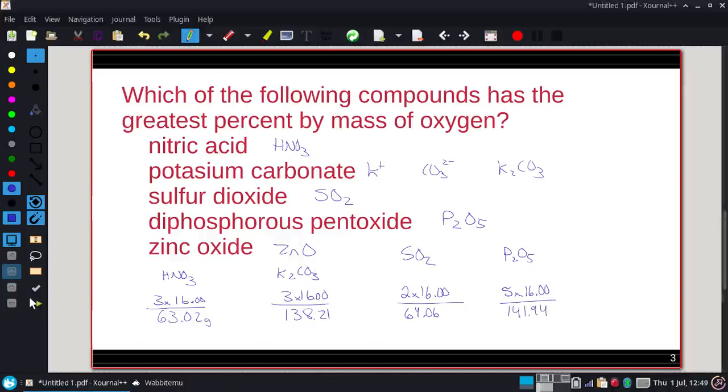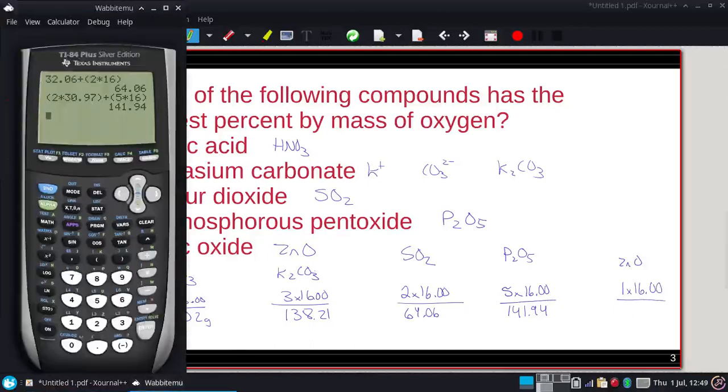And the last one, the ZnO, we have just 1 oxygen, and zinc is 65.41.